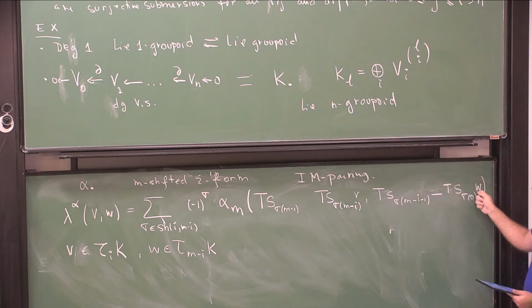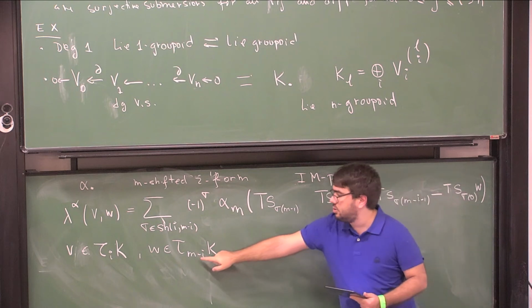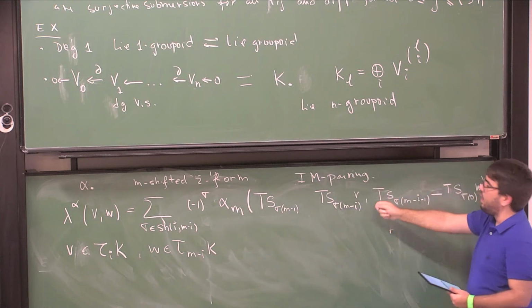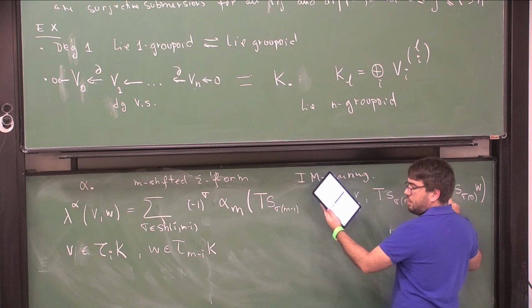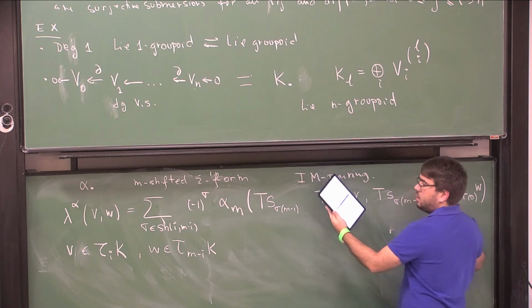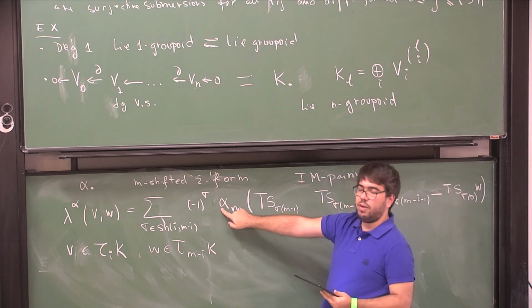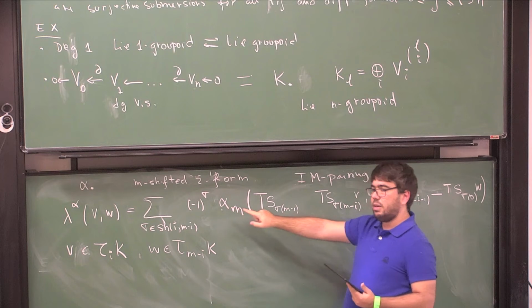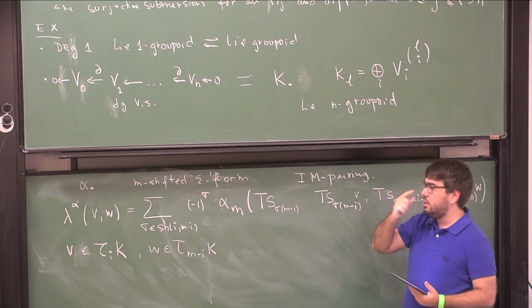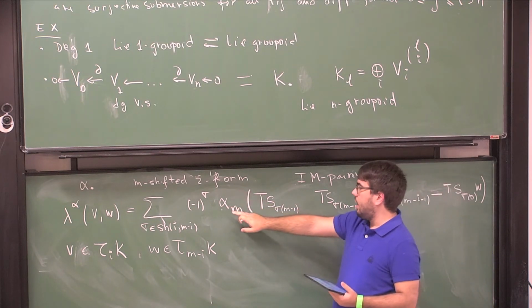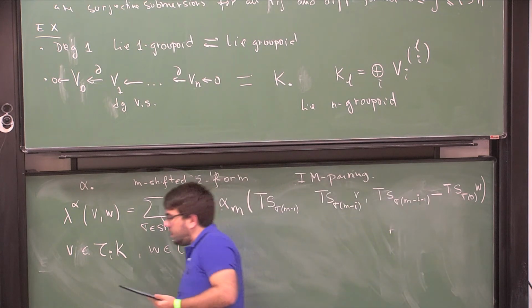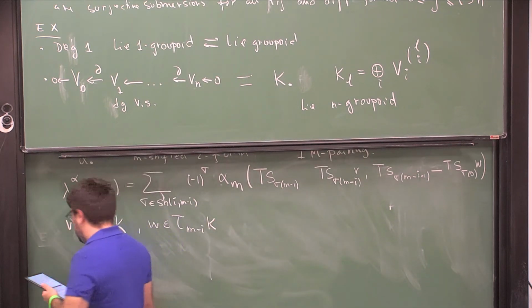And here, this is in degree m minus i, pull it back into Km, and then these are two tangent vectors in Tm, and therefore I can use the alpha m. So the non-degeneracy condition just depends on the leading term of the two form in this alpha m, and I will call it m-shifted symplectic groupoid.